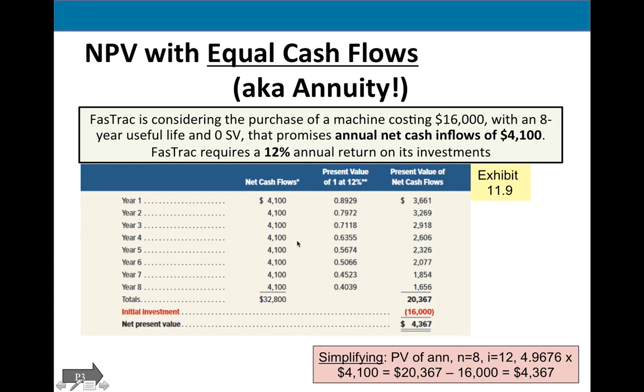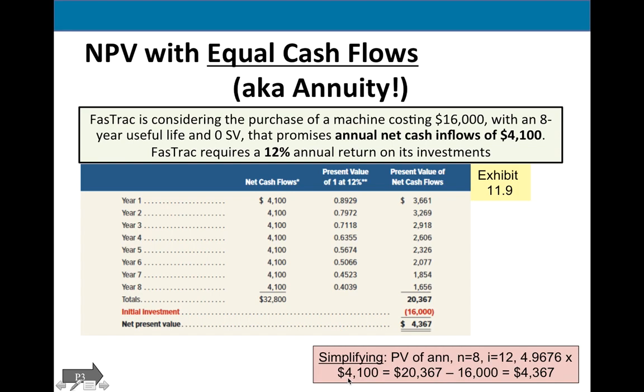Now, it's much faster, instead of doing it per year, just to do, right here, simplified, calculate the present value of an annuity. So instead of looking at table B1, look up the present value of annuity factor in table B3. This is 8 years, so my number of periods is 8. My interest percent is given, 12%. This is the present value of annuity factor. It's in the table. Again, if you go to the table, you'll find it.